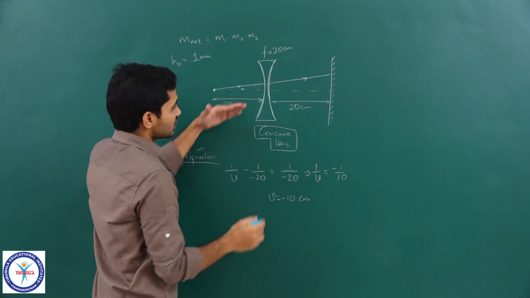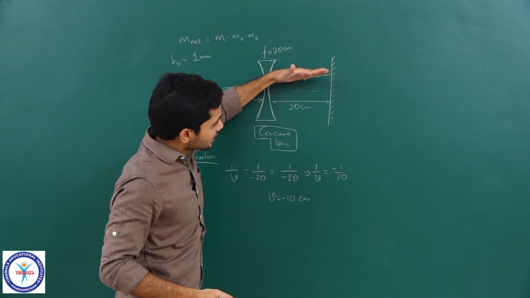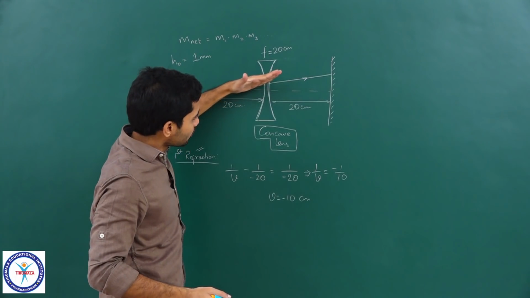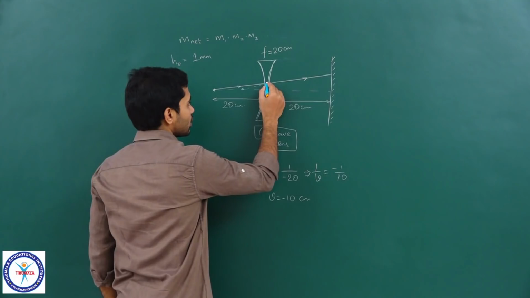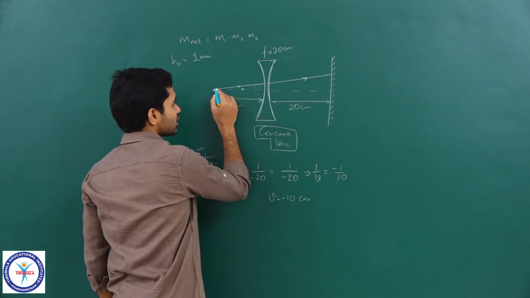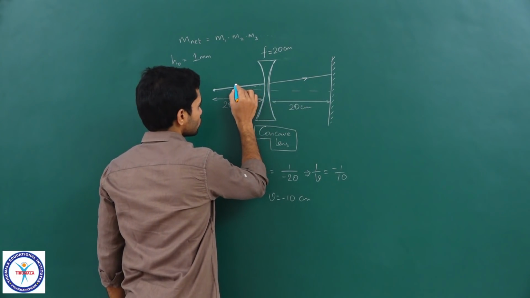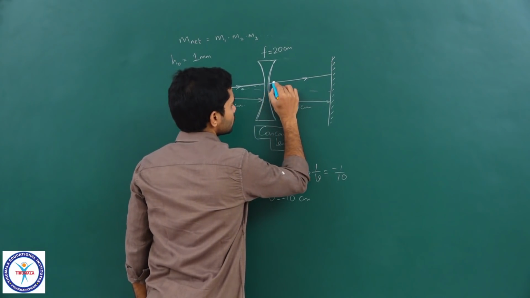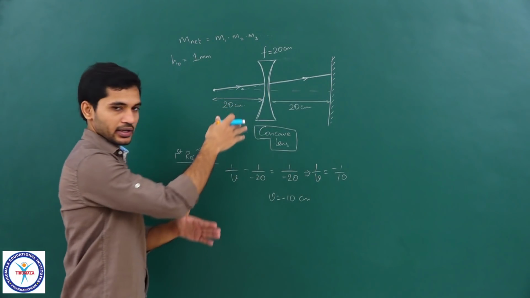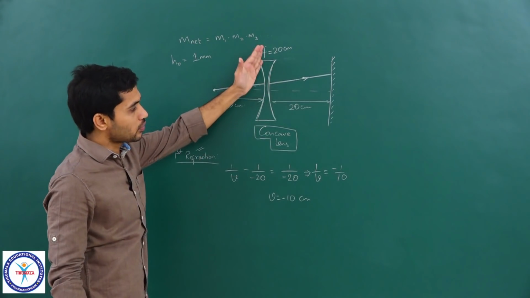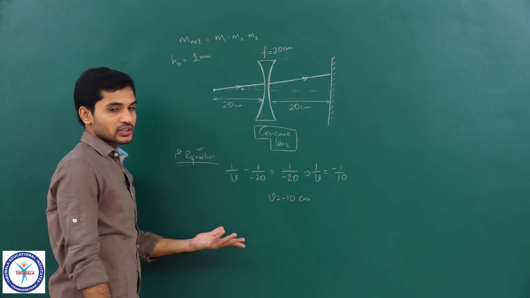The light ray which was actually travelling like this has slightly bent away and it is appearing to come from this point, right. So, that is what has happened here. This is not a straight line, please keep that in mind. It might look so, but it is not meant to be a straight line. So, slight bend away from normal, away from principal axis. Okay.